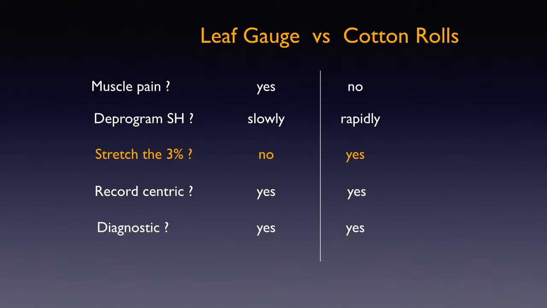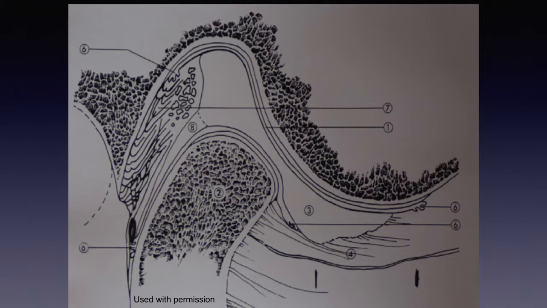Standard physical therapy technique for reestablishing homeostasis of a muscle which is in a contracted or foreshortened state is to stretch the muscle. This drawing is taken with permission from Dr. Pete Dawson's book on functional occlusion.